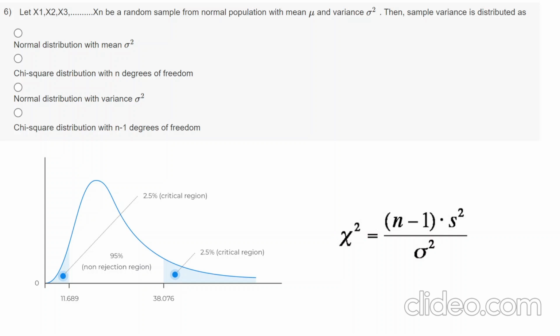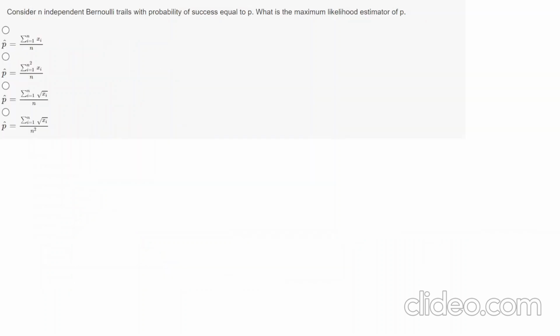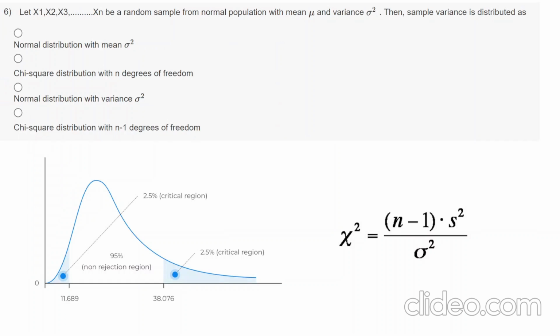Since the chi-square distribution is not symmetric, an additional parameter, the degree of freedom, has to be given. The chi-square statistic is given by (sample size minus 1) times s squared divided by sigma square. So this is the answer.